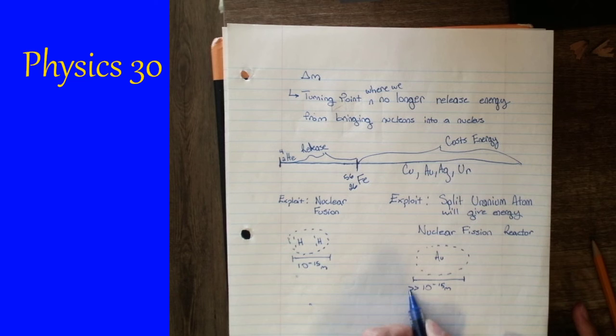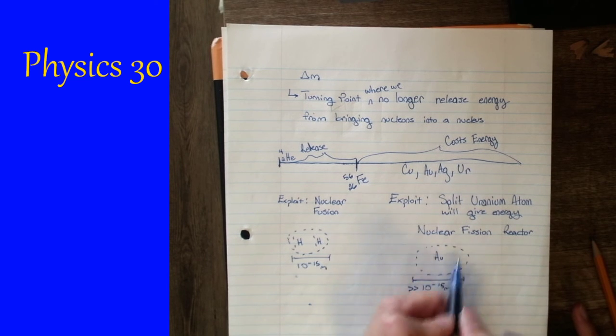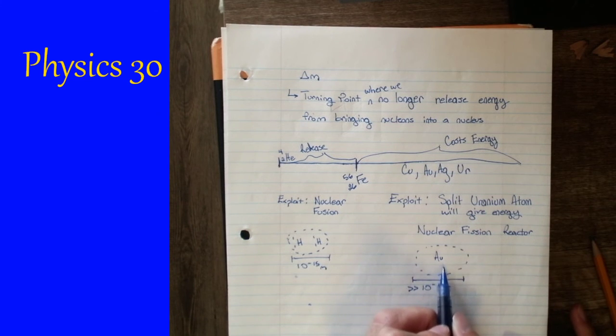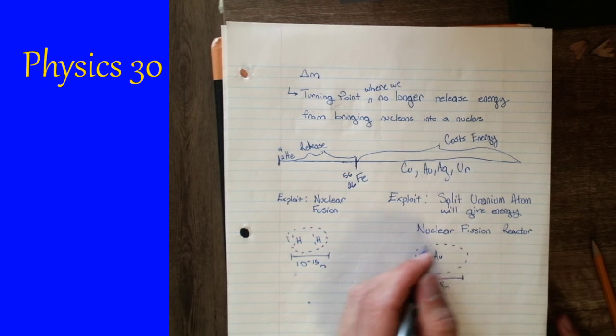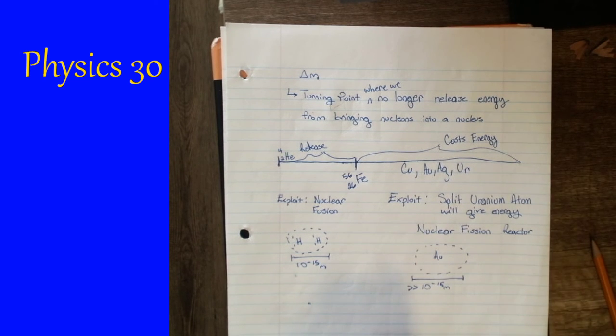It's bigger than this, and so therefore that strong nuclear force that holds the atoms together isn't able as much to do that, and so you've got to put a little more energy in to help out that nuclear force.